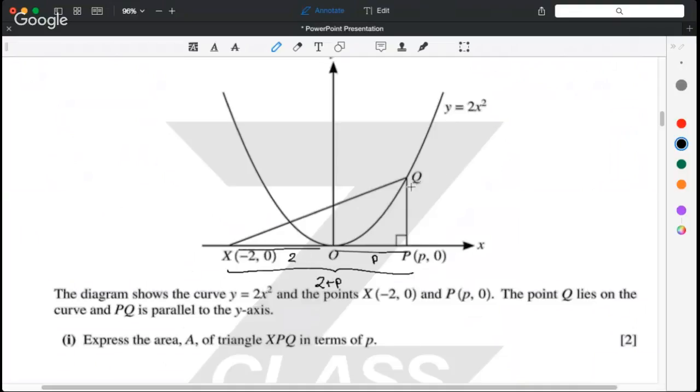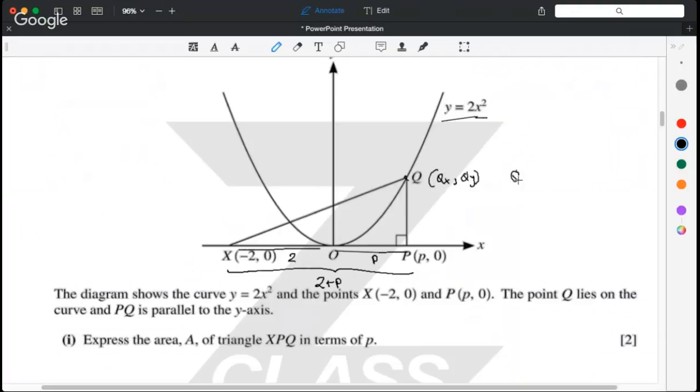And then the height, that's what we have to find. And we know that the point Q is on this line, y equals 2x squared. That means that the x and y coordinates of Q, Qx, Qy, must obey this equation. So what is the x coordinate of Q? Well, we know it's directly above P, so it must have the same x coordinate.